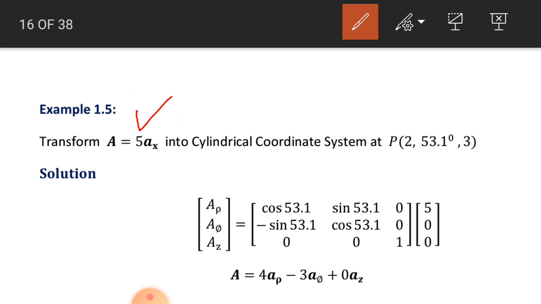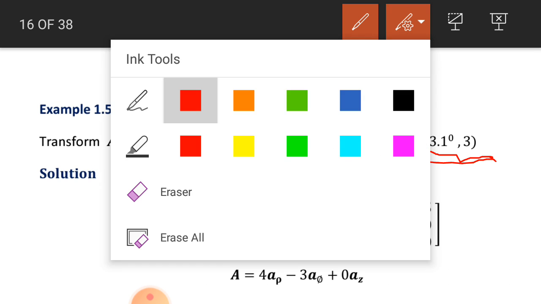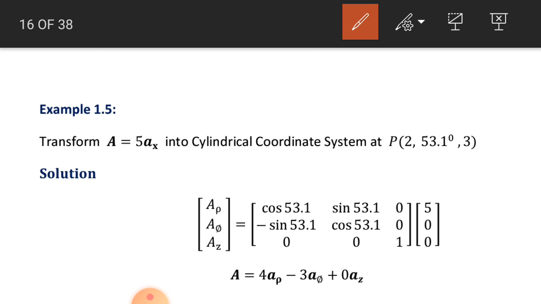We shall transform this vector from the rectangular coordinate system into cylindrical coordinate system at this particular point. This point is in the cylindrical coordinate system. Rho is 2, phi is 53.1, and z is 3.